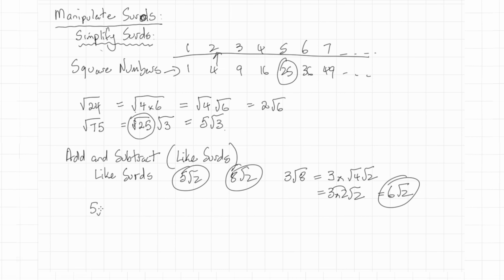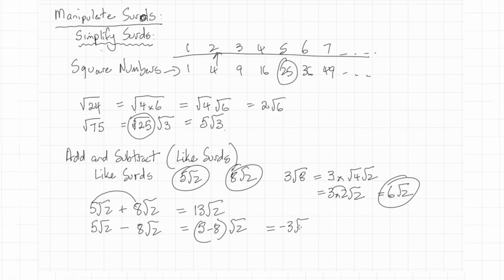So for instance, 5 root 2 plus 8 root 2, we simply add the numbers at the front. 8 and 5 is 13 root 2. 5 root 2 minus 8 root 2, we simply subtract, so it'll be 5 minus 8 root 2. 5 minus 8 is negative 3 root 2. So that's adding and subtracting like surds.